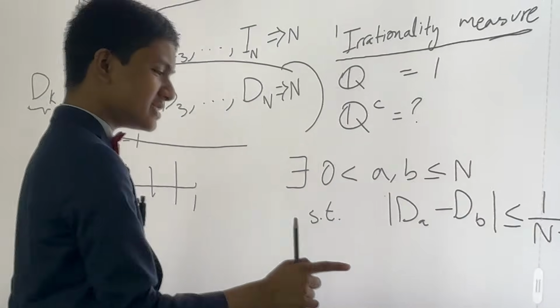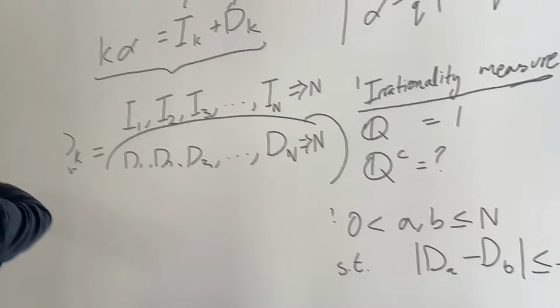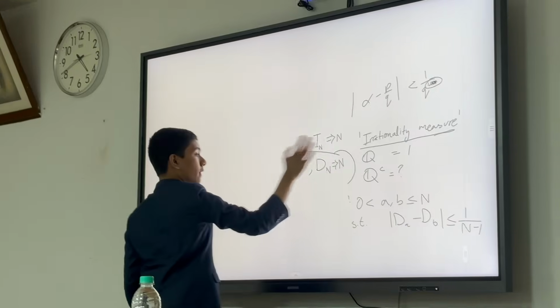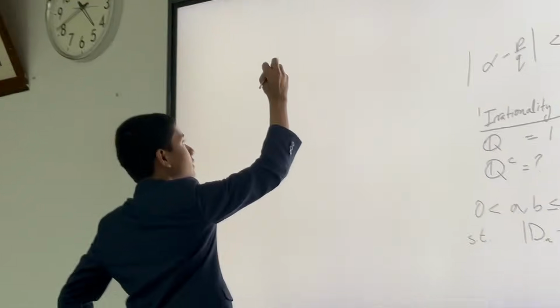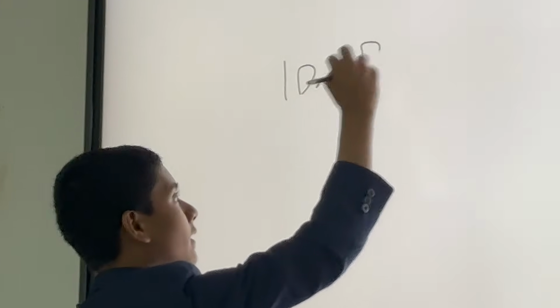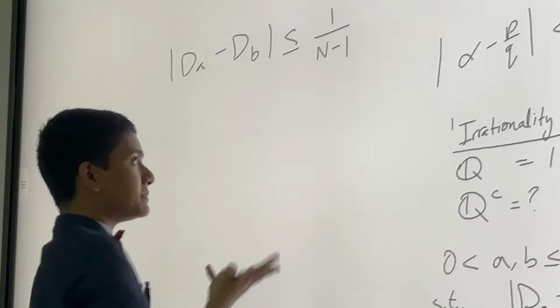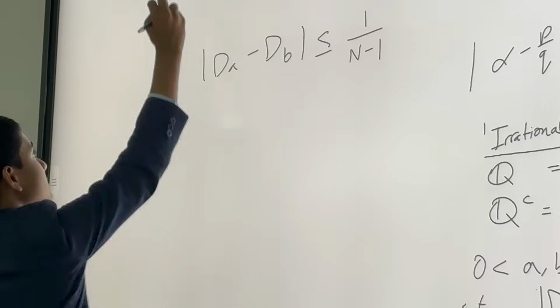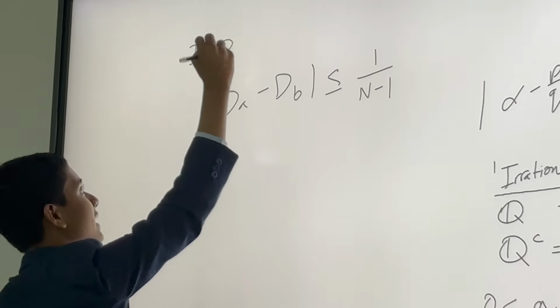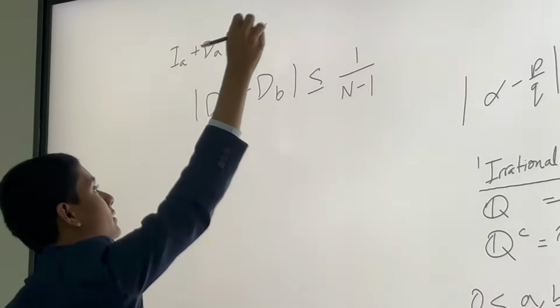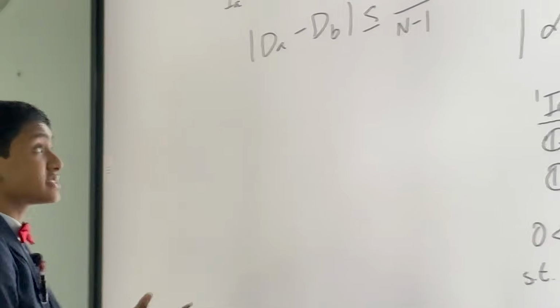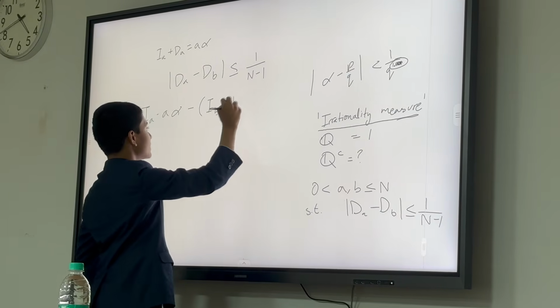What that means, just expanding this, is we can get, since IA plus DA is just going to be A times our irrational number, B minus B alpha.